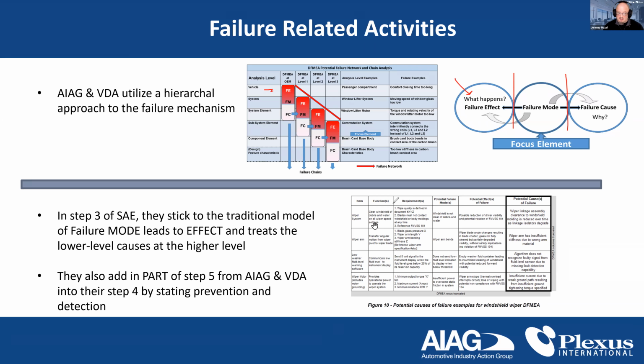So there's your mode, there's your effect, and then you've got your causes. So some of the confusion that the way the formatting was in the fourth edition has been carried over in some ways. So that's a huge difference between the two. And again, it's neither better nor worse, but it is different, and it will be up to your organization to determine what quality of event you want.